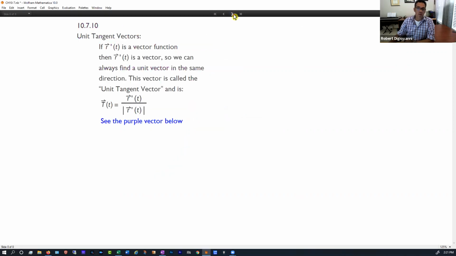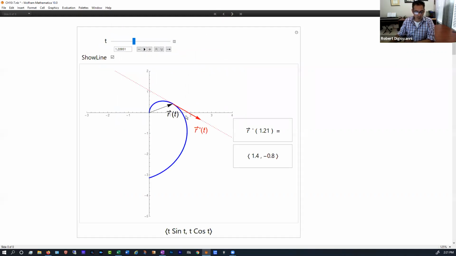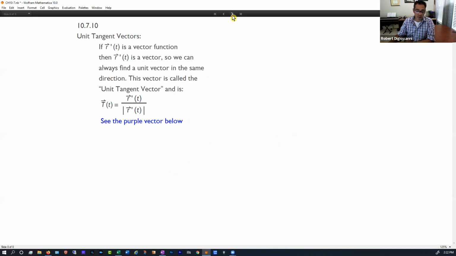All right, now unit tangent vectors. So we just saw that when we have a vector function, this blue curve, we can find that red vector by just taking the derivative, right? But notice again that that red vector changes length as we move along. It depends on the function, but it does change length. So sometimes what's important to us is not the length of the vector, just the direction.